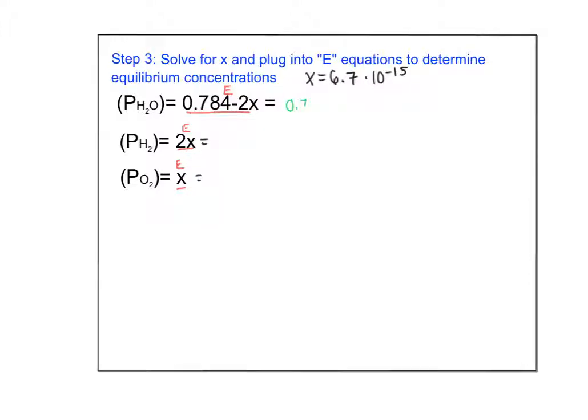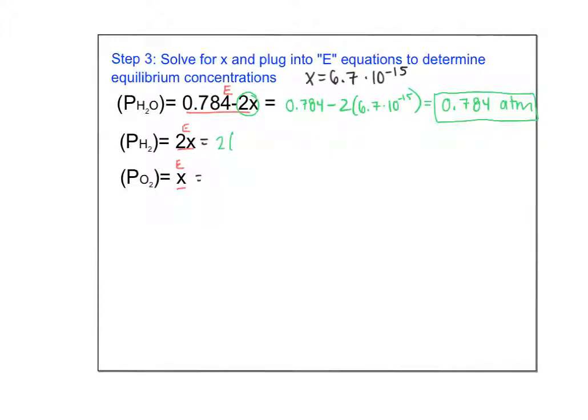So I get 0.784 minus 2 times my x value, and I calculated this before. Look at that, 0.784. Remember when we solved for x, we omitted this because we said it was so small it wouldn't make a difference? This is our proof that it didn't actually make a difference.